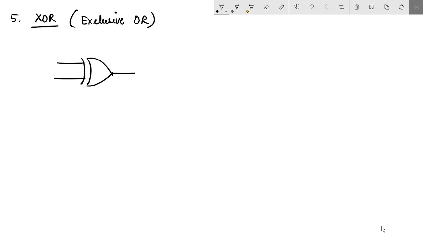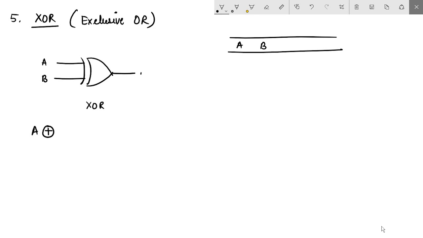This is how an XOR gate looks like. So it also takes two inputs. So as the name suggests, exclusive OR, the operation is denoted by a plus inside a circle. This is how an XOR operation is denoted, a plus sign inside a circle.